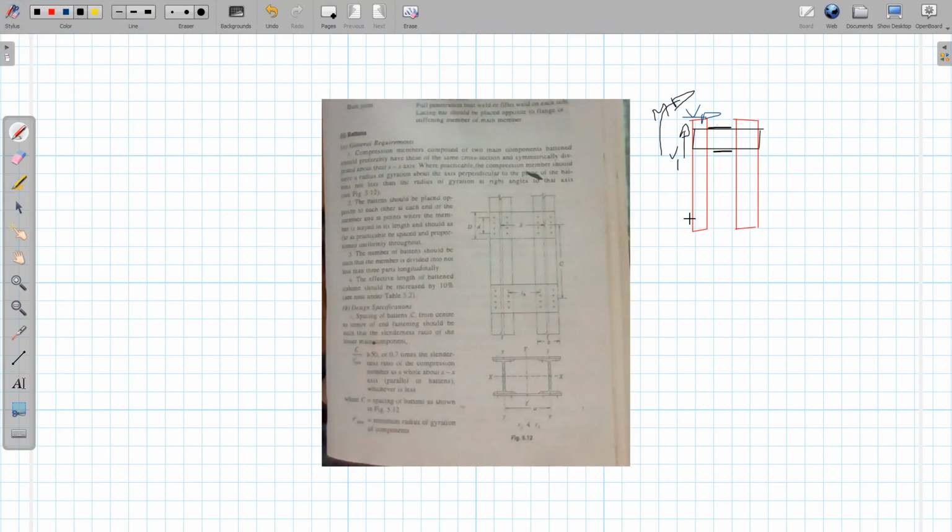So let us do the remaining part, that is how to find out the force and moment. As I said, the design shear force V is equal to 2.5% of P. Now this design shear force in case of battens will give two components.